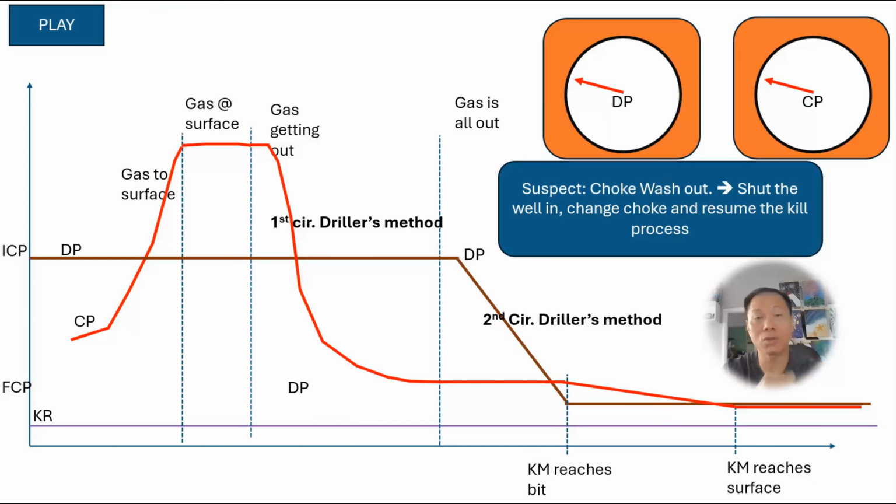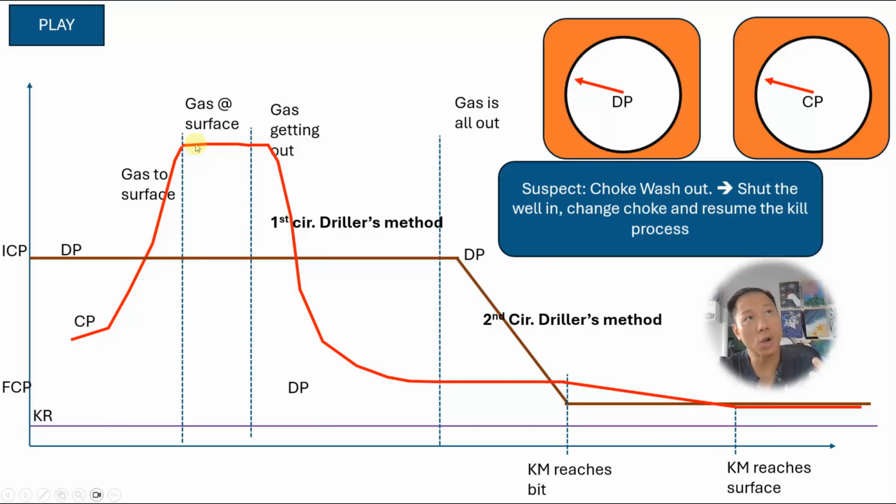You may not be able to see a casing pressure drop in this case. Very challenging, and you can only listen to the choke to feel whether it's washing out. Let's say the choke doesn't wash out in this first stage, so you don't have both casing pressure and drill pipe pressure dropping at the same time.